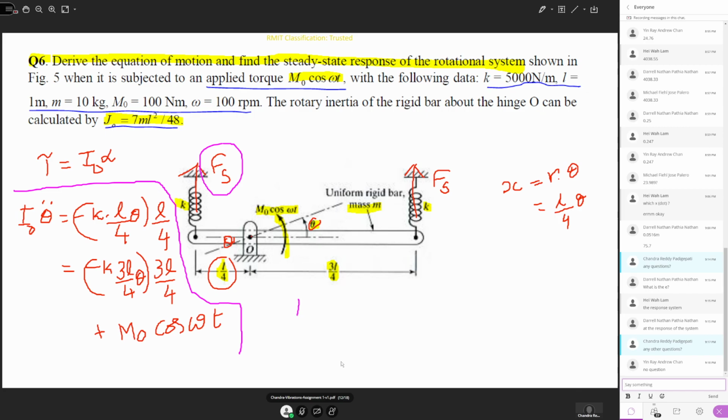So I can write I naught theta double dot is equal to negative K L square by 16 into theta, minus K into 9L square over 16 theta, plus M naught cos omega t.